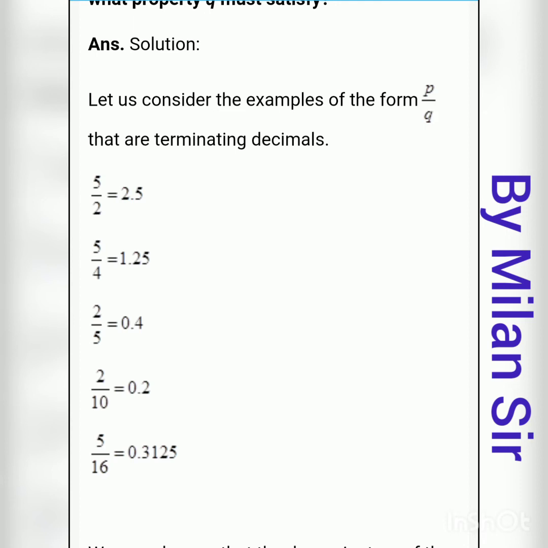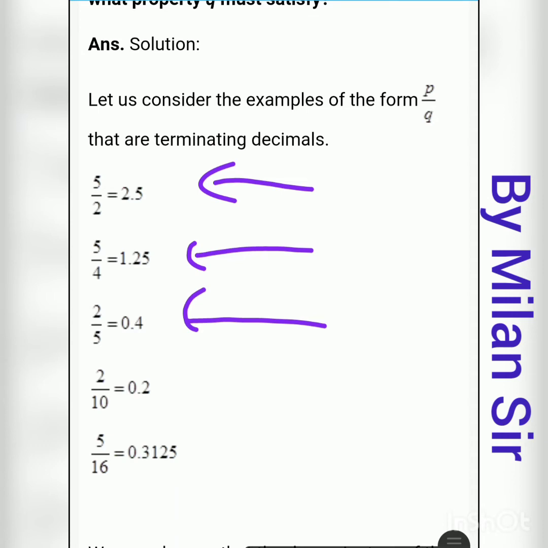So we need to find some examples which have terminating decimal expansion. Here in this PDF I've already written some examples. 5 by 2 is 2.5, 5 by 4 is 1.25, 2 by 5 is 0.4, 2 by 10 is 0.2, and 5 by 16 is 0.3125. These are examples which have terminating decimal expansion.